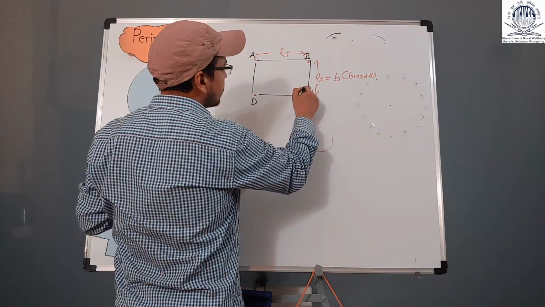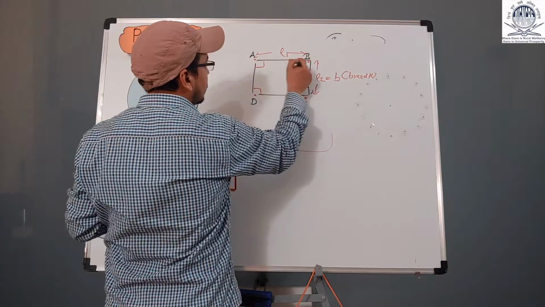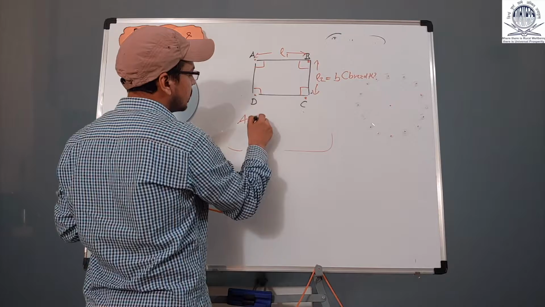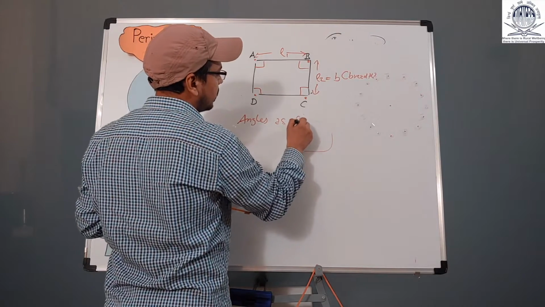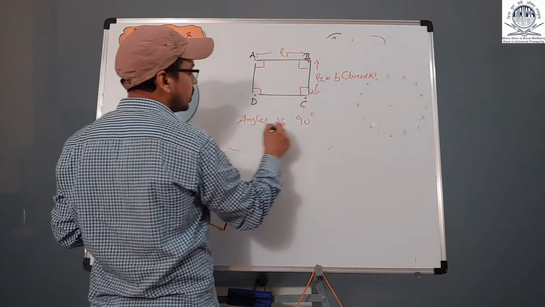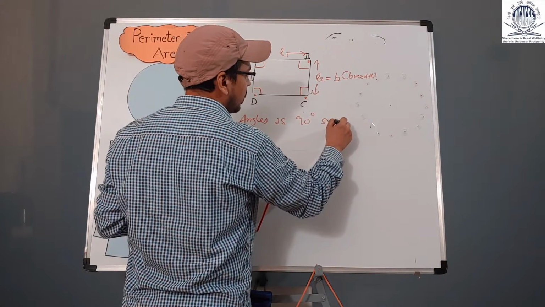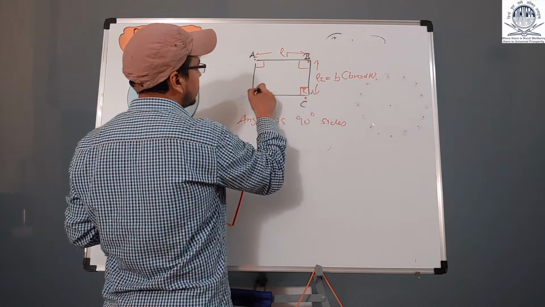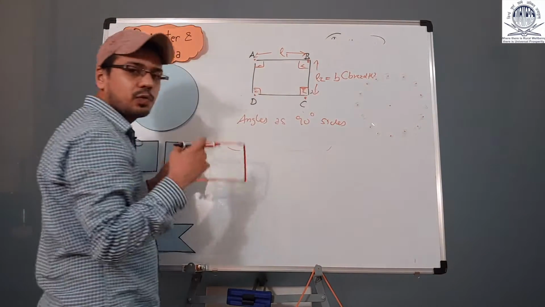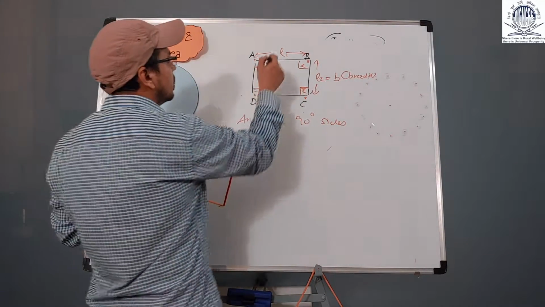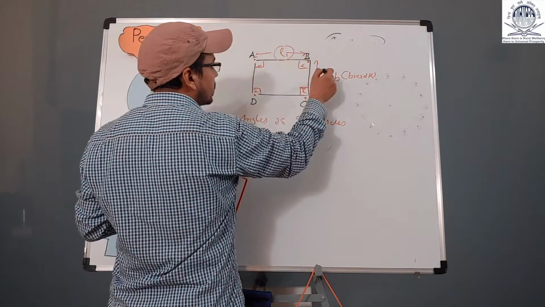Because rectangles have a similar quality to a square: they have angles of 90 degrees among their sides. The one thing which differentiates a rectangle from a square is that all the lengths are not similar.